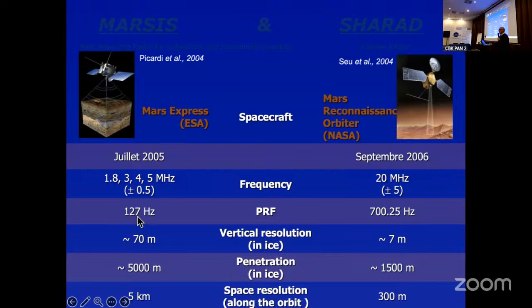And the bandwidth, as I told before, defines the resolution. The resolution for Marsis is 70 meters, because the bandwidth is 1 megahertz. And for Sharat, it's 7 meters, which means that we are seeing the things below the surface with a resolution of the order of 70 meters for Marsis and 7 to 10 meters for Sharat. Much better resolution.